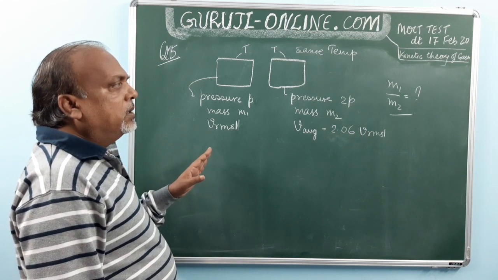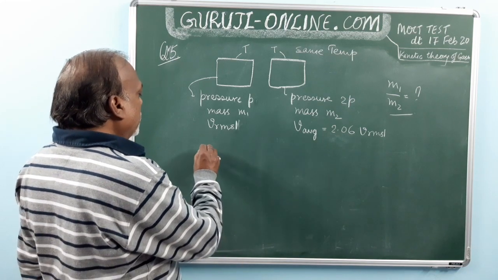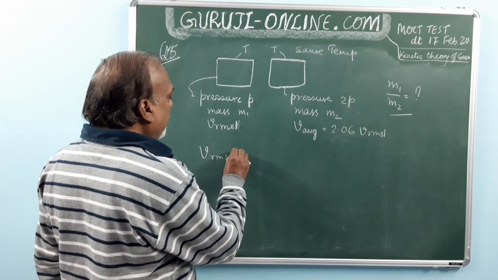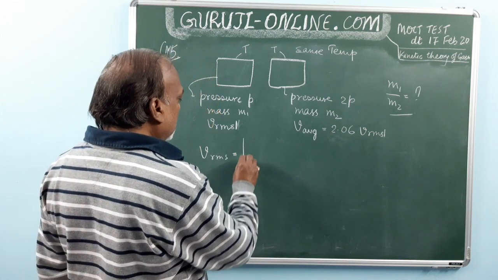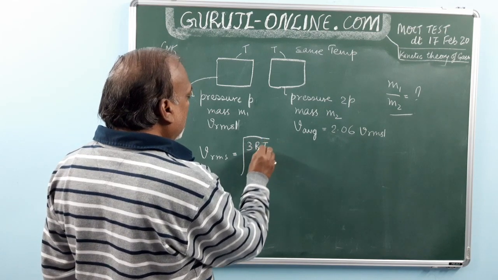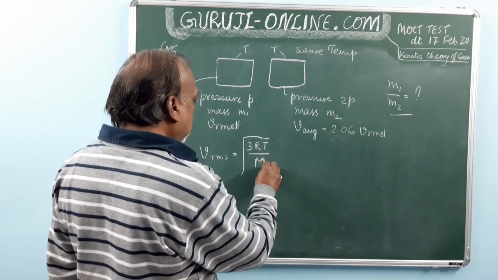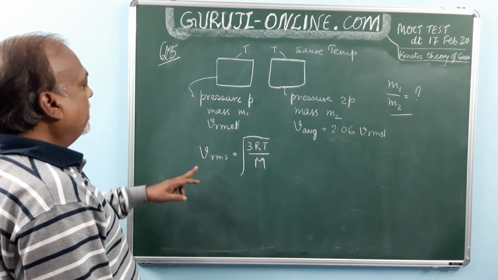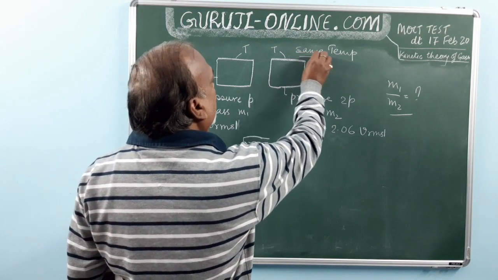You might have seen while reading the chapter that Vrms is nothing but root of 3RT upon M. Temperature is the same in both containers.